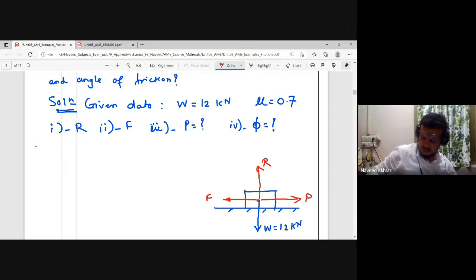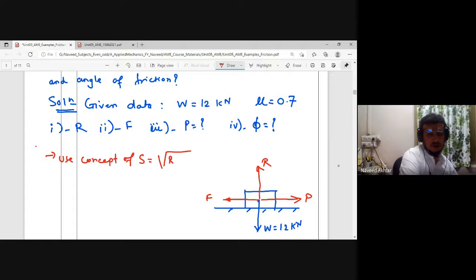In limiting equilibrium, here we can use the concept of S is equal to under root of R square plus F square, right? And mu is nothing but equal to tan of phi.